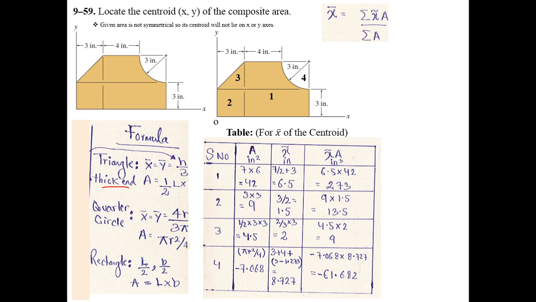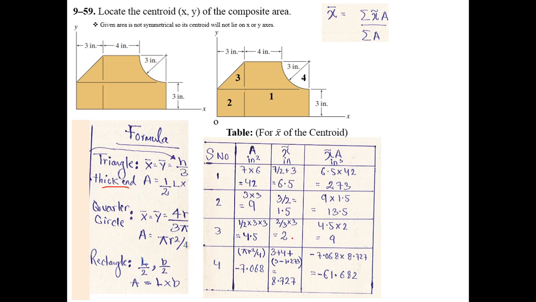And its centroid will be, you can see, 1 by 3 of h. So from this point it is 1 by 3 into h, and this h is 3. So from this point it is 1 inch, but you have to take the x tilde from origin. So 3 minus 1 gives you 2.